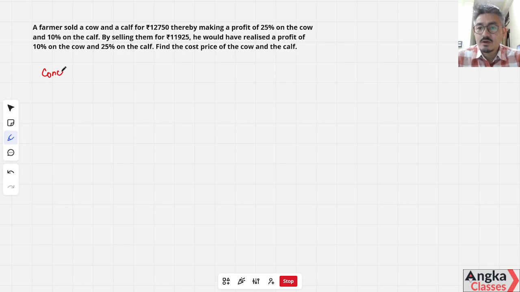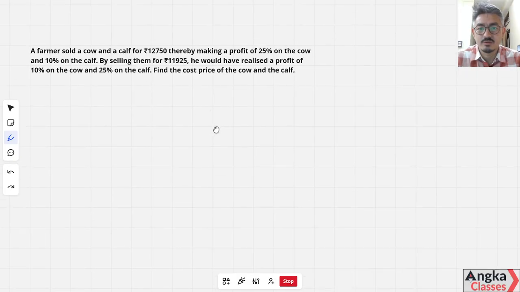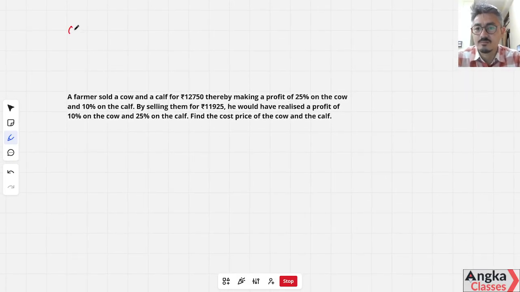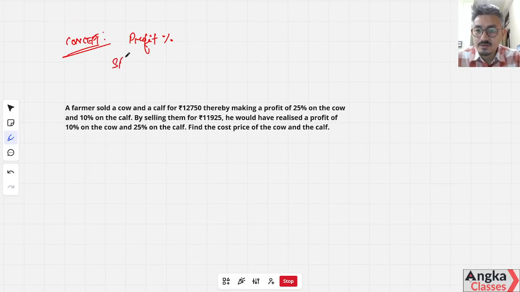Okay, so before we proceed, let us recall the concept we learned earlier. When there is a profit percentage, the selling price is equal to cost price plus profit percentage of cost price.